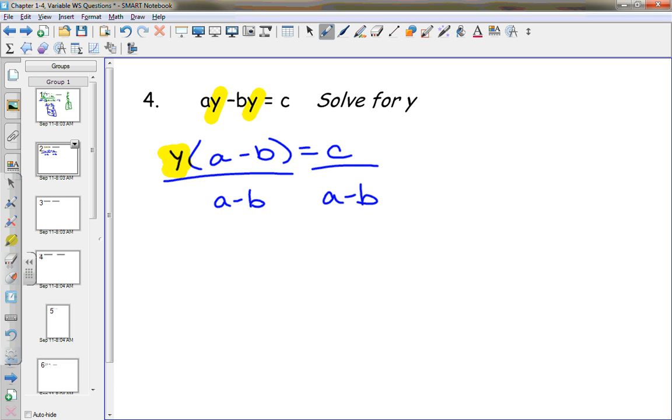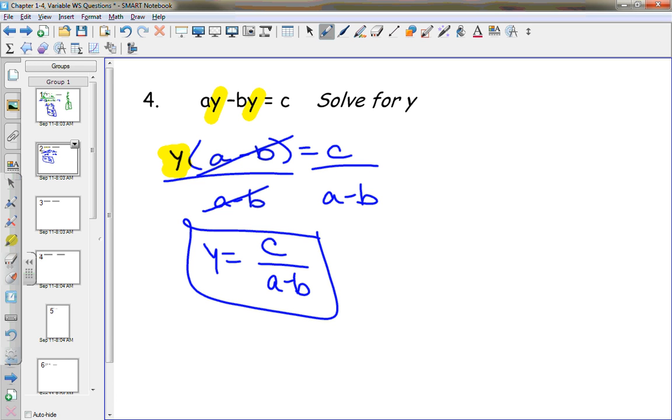In other words, A is attached to B, and wherever it goes, it has to stay connected by the operation of subtraction. Because can you walk around this building with your head cut off your body? It's not going to be a good result, correct? Okay? Which means this is gone, and I'm left with y is equal to C over A minus B. Are we good?